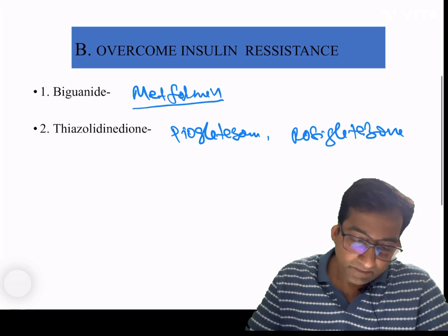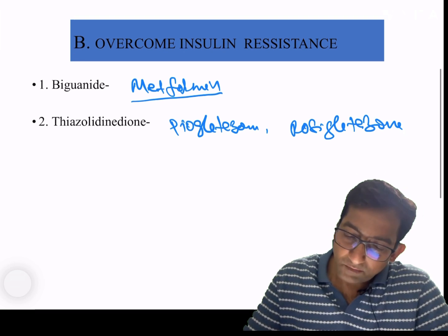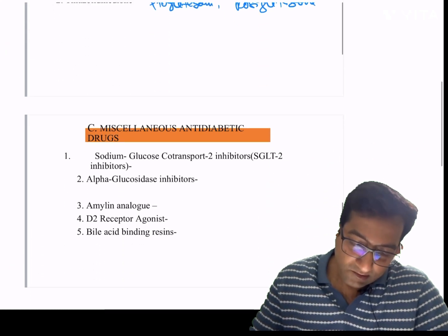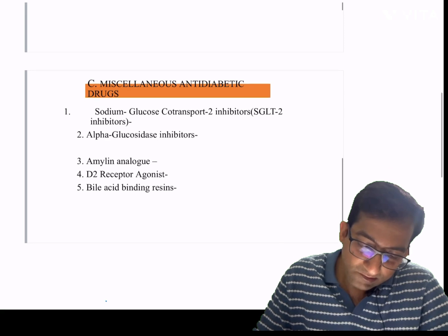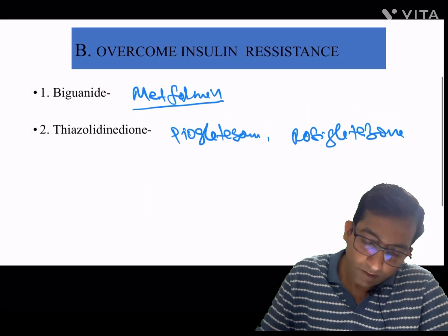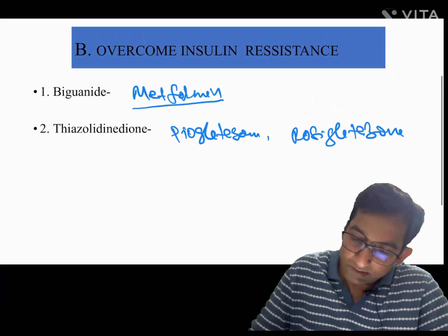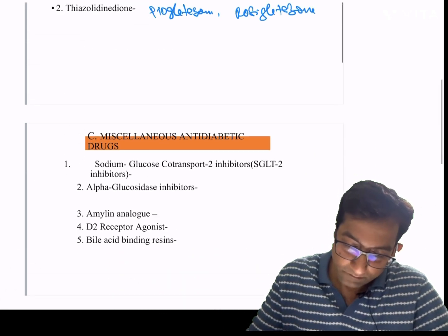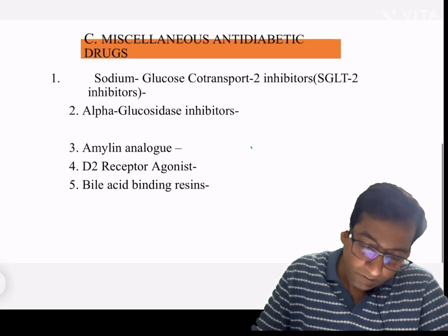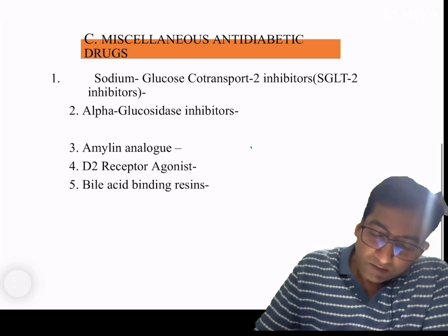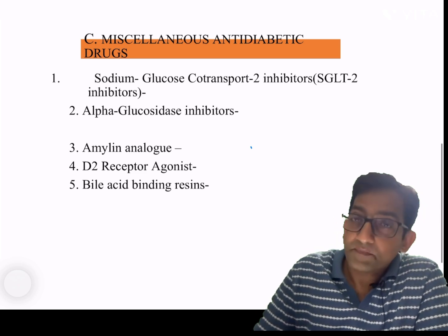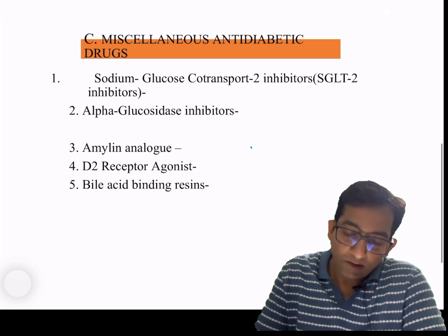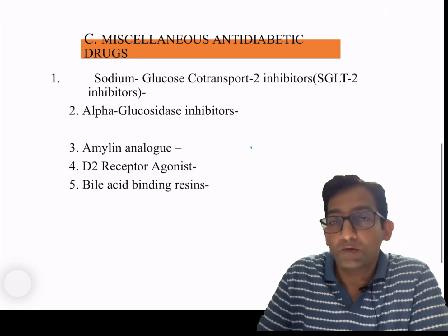Now, moving to the next category, that is called the miscellaneous categories of oral hypoglycemic agents. The first one in the miscellaneous categories are SGLT2 inhibitors, that means sodium glucose co-transporter 2 inhibitors.